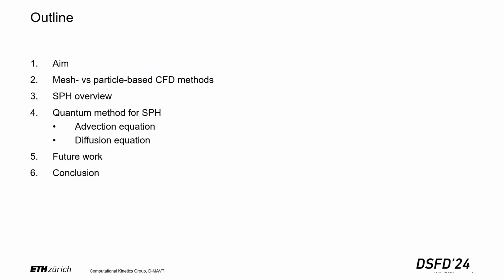The outline of my talk. First, I will talk about the aim of our project. Then I will compare mesh and particle-based CFD methods. Then I focus on SPH in particular, and I introduce a quantum algorithm for SPH by solving the advection and diffusion equations. Then I discuss the future work before I conclude.